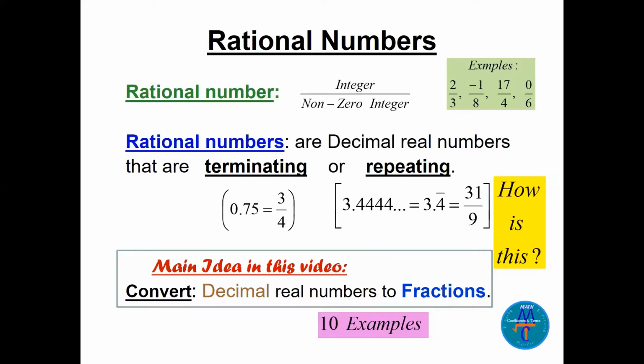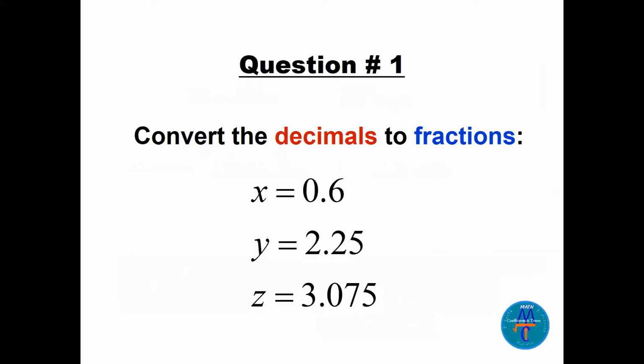I would like to present 10 different examples. Okay, let's go directly. First example, question number 1. I put 3 simple numbers: x, 0.6, another number y, 2.25, another number z, 3.075.